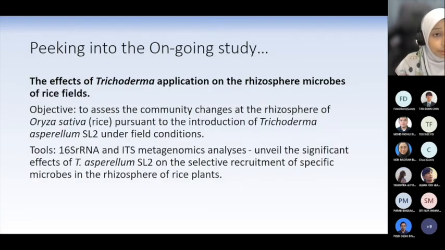And then peeking into the ongoing studies of my own. I have one project related to the use of biofertilizer, looking at the effects of Trichoderma application on the rhizosphere microbes of a rice field. The objective is to assess the community changes at the rhizosphere of rice.